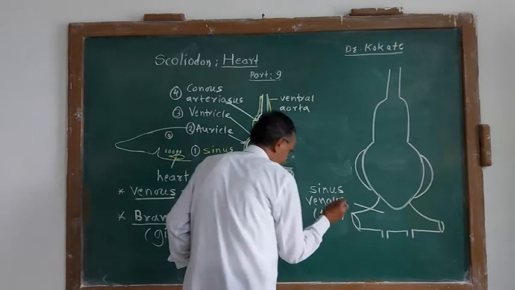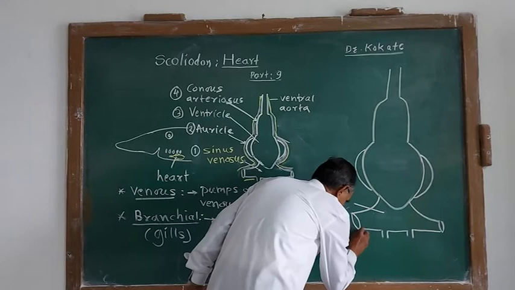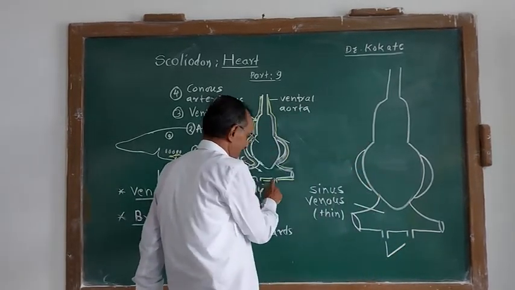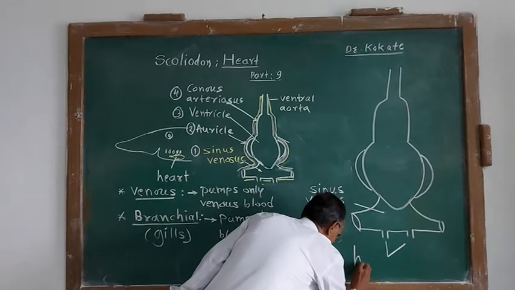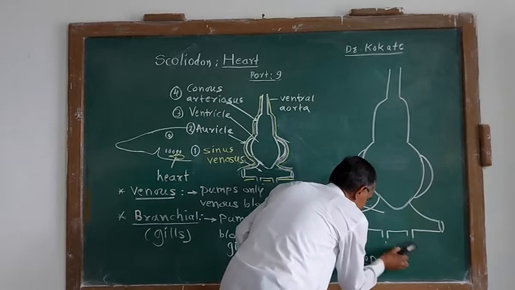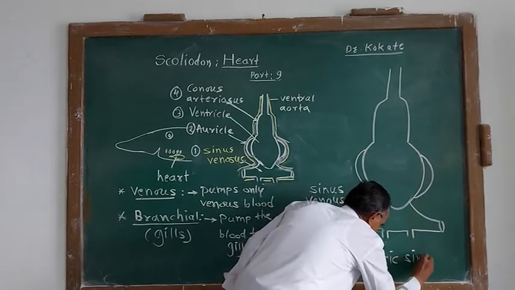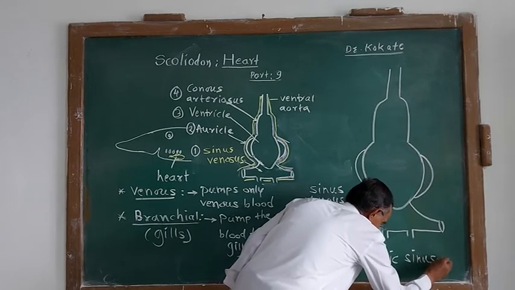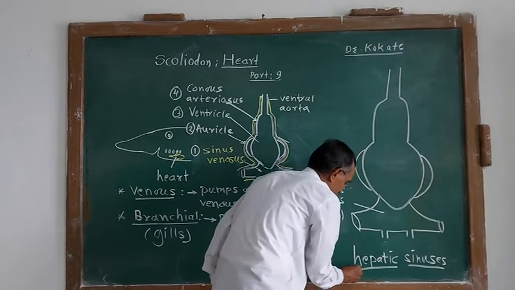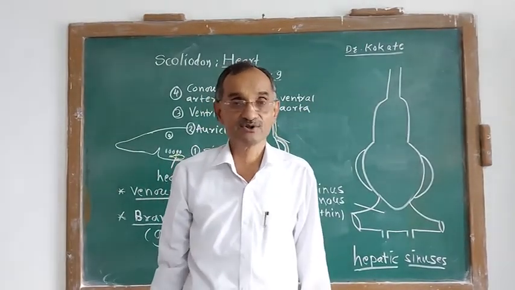It receives two hepatic sinuses. As I told you here, two hepatic sinuses. Hepatic is a term used in connection with the liver, just as gastric is a term used in connection with the stomach.